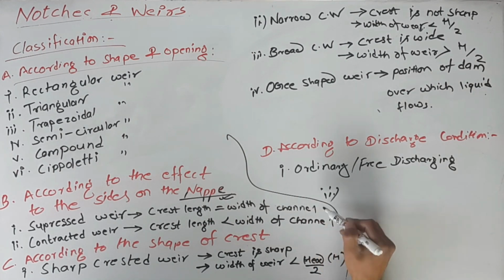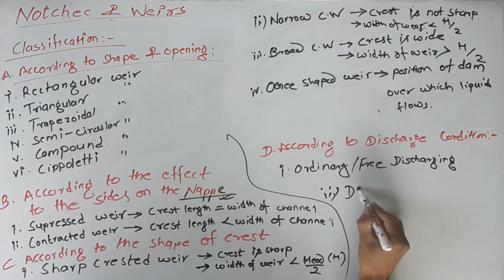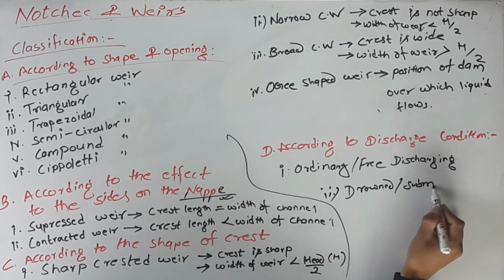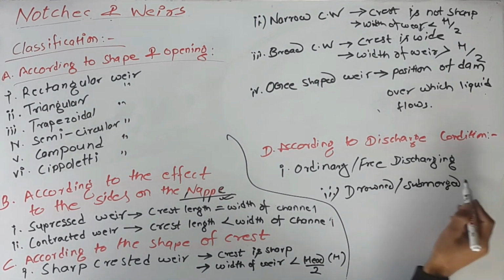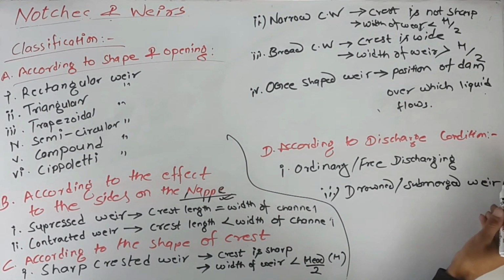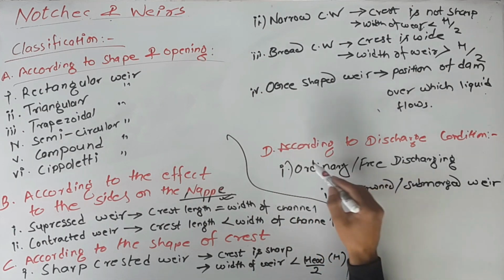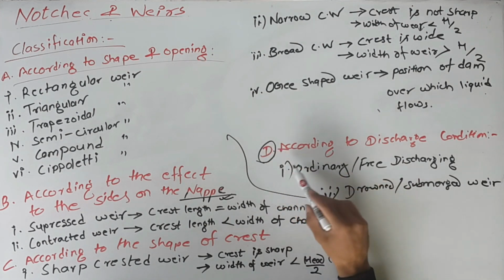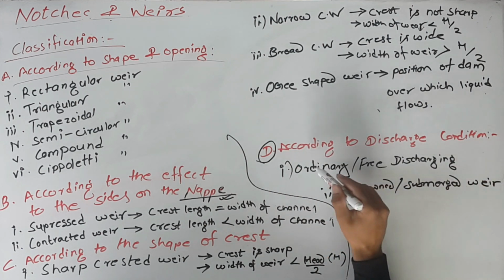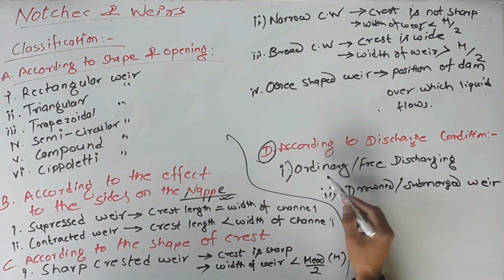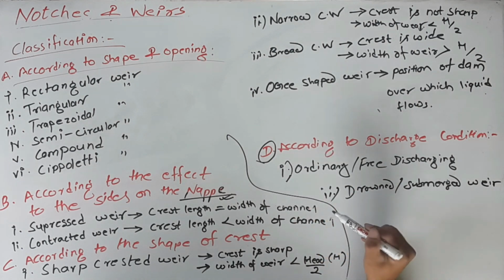And second is drowned or submerged weir. Ordinary or free discharging weir, we can study this discharge condition, where we can compare with the orifice, free discharging orifice and drowned or submerged orifice.